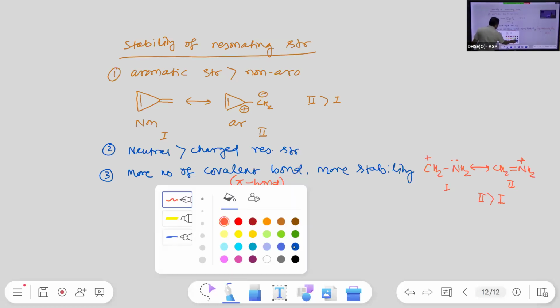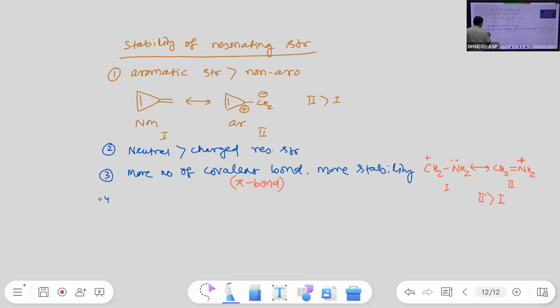What is the fourth rule? We know that negative charge can be stabilized by a more electronegative element.